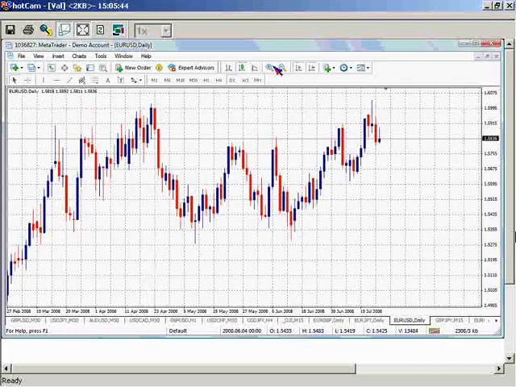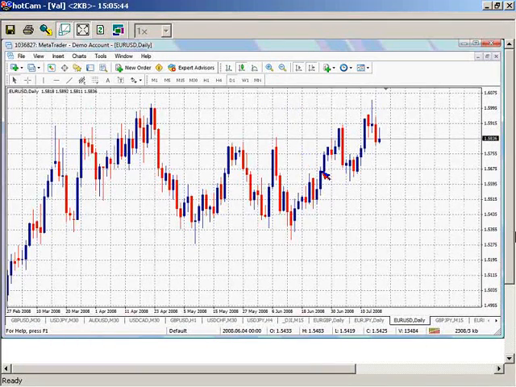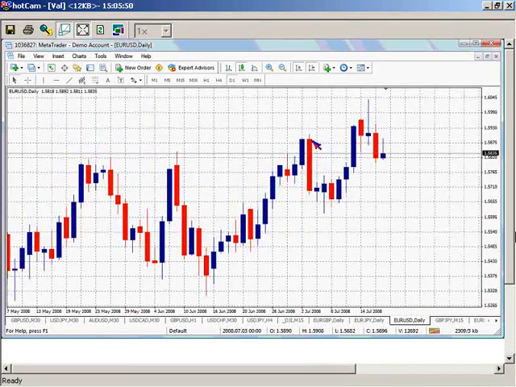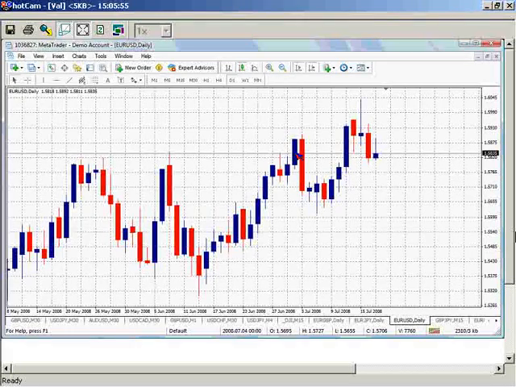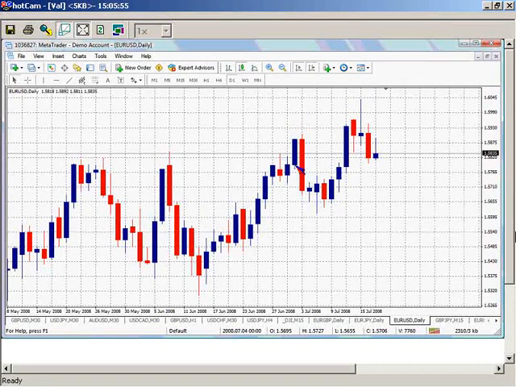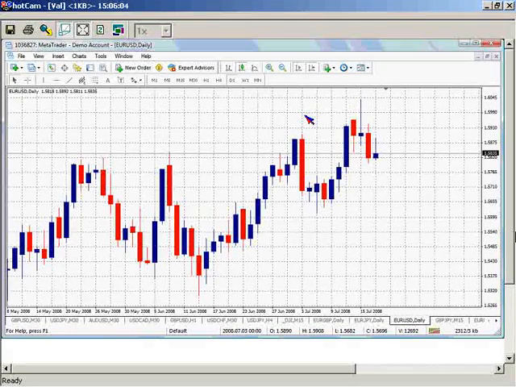I will approach the chart so we can see it clearly. An open and a close. In this chart, red ones are bearish, blue ones are bullish. We have an open, the close, and the extremes that represent the maximum or minimum of the session.